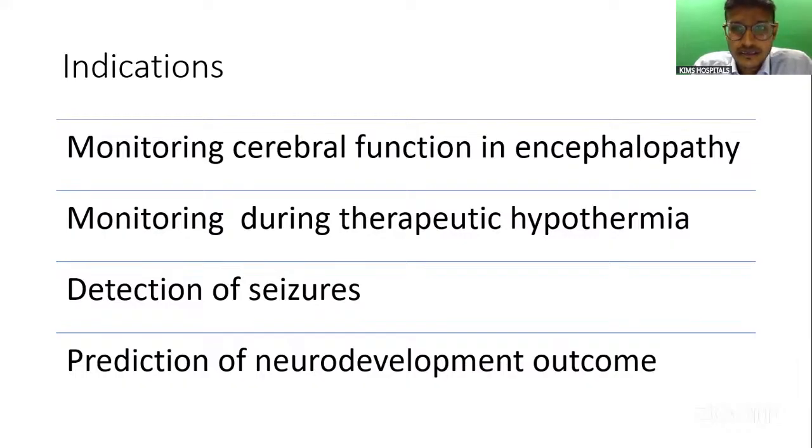For neonates undergoing therapeutic hypothermia, we need to monitor cerebral activity and detect parameters like the sleep-wake cycle and seizures. There is also much evidence now that amplitude EEG can be used to predict neurodevelopmental outcome in encephalopathic neonates, especially those with moderate to severe HIE.